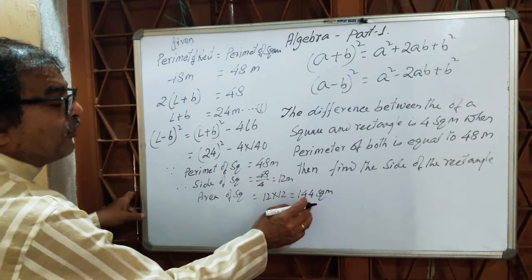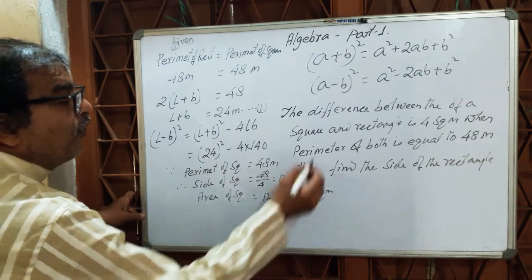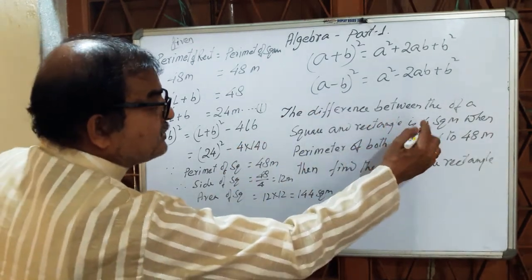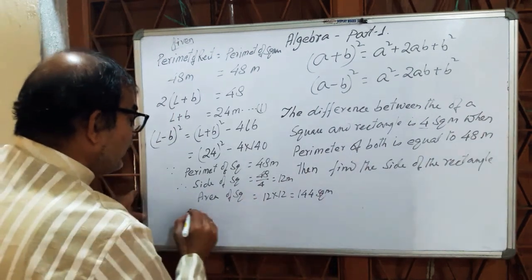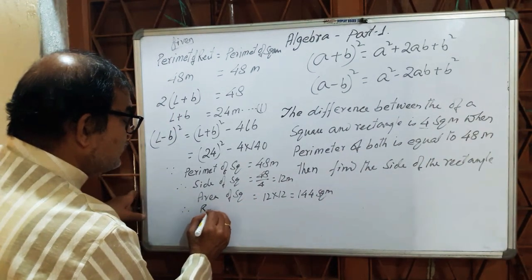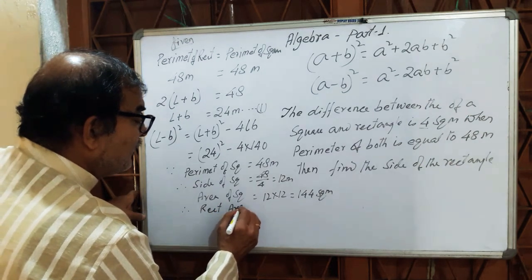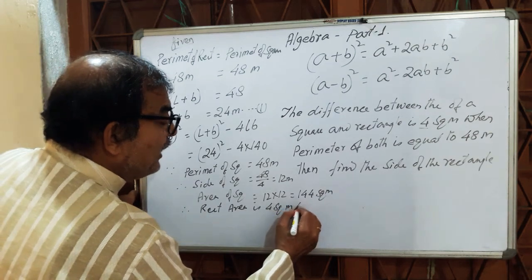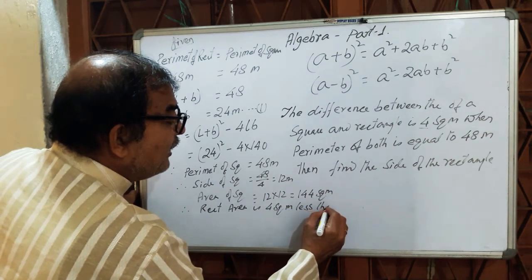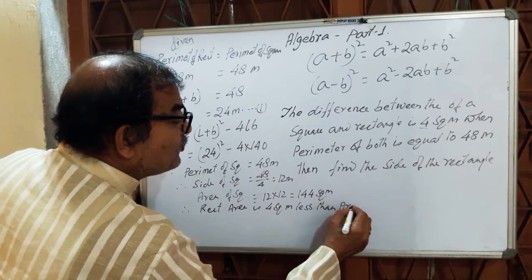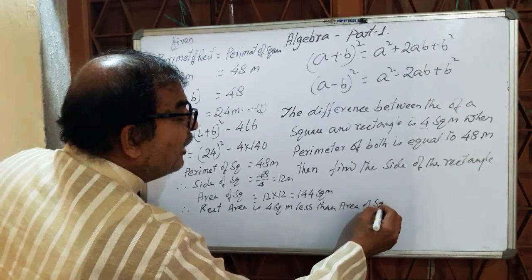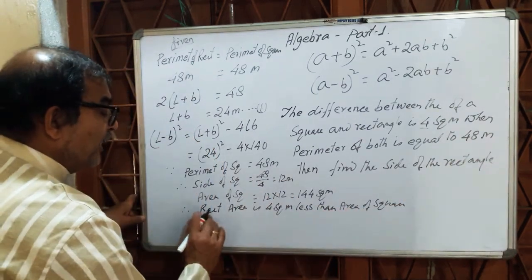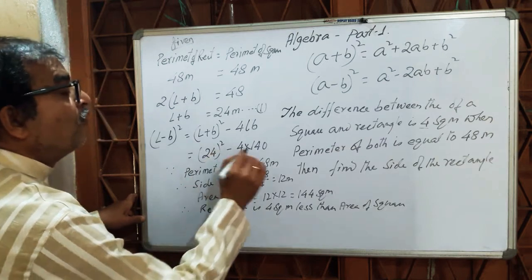So 144 minus 4, because the difference between the area of square and rectangle is 4. The rectangle's area is 4 square meter less than the area of the square. So the area of the rectangle equals 140.